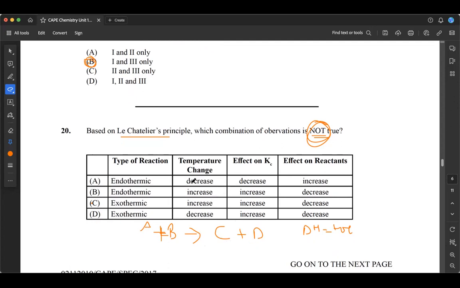So say I drop the temperature. In my equilibrium state, I am forming, well, I'm absorbing heat. Endothermic reactions absorb heat, right? So this is positive, so it absorbs heat when it goes this way, right? So if I decrease the temperature, that would mean I am dropping the heat content of the system. So the reverse reaction is a reaction that gives off heat.